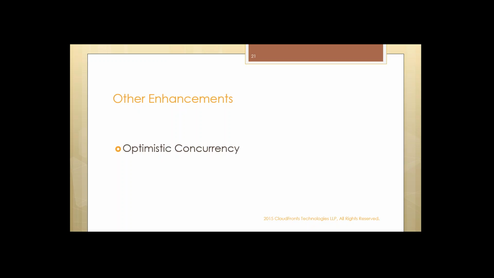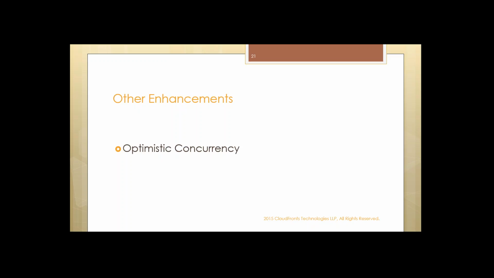So in this SDK release, we have the ability for our application to detect whether an entity record has changed on the server in the time between when your application retrieved the record and when it tries to update the record. It may be possible that when I read a particular record and when I'm trying to update that record, during this time someone else may have updated the record, and I don't want to overwrite the record which was updated by someone else.